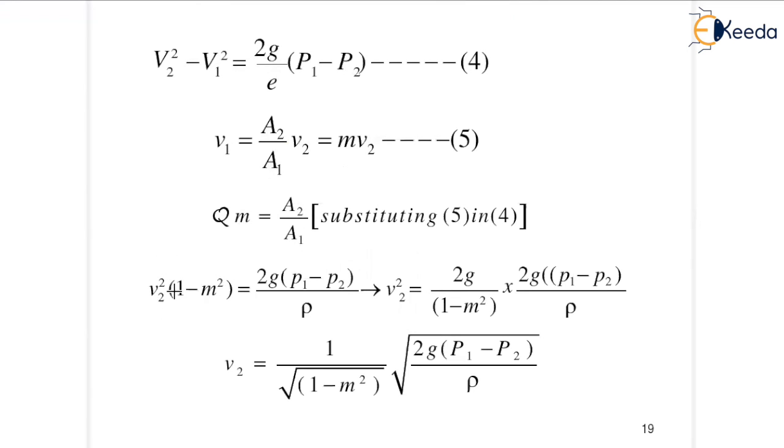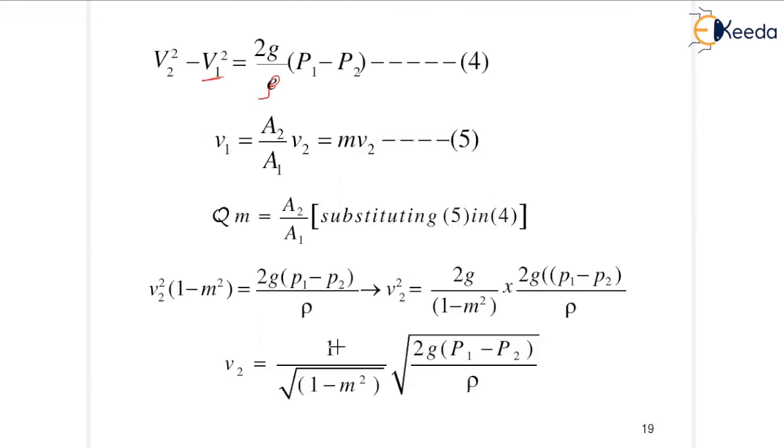So V2 square, if you take common, 1 minus m square. If you substitute V1 at this point, you'll get V2 square into 1 minus m square is equal to 2g by rho into P1 minus P2. That is V2 square is equal to 1 by 1 minus m square into 2g into P1 minus P2 by rho.